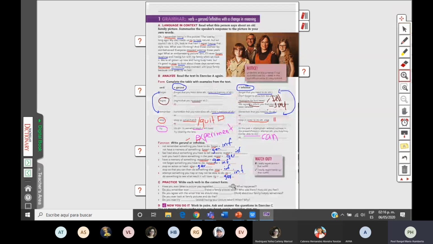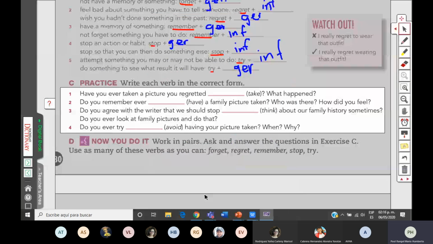Let's do another one. This exercise is also very, very simple. We're going to do this one, and then we're going to do one that is a little bit more tricky. So here we already have the verb that we need to use: take, have, think, and avoid.